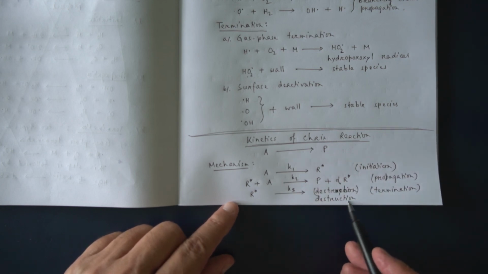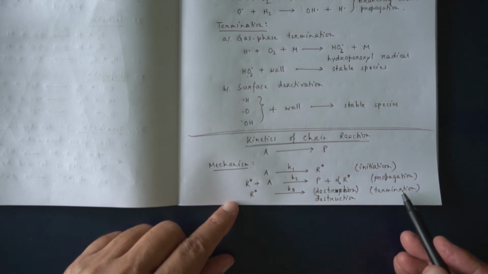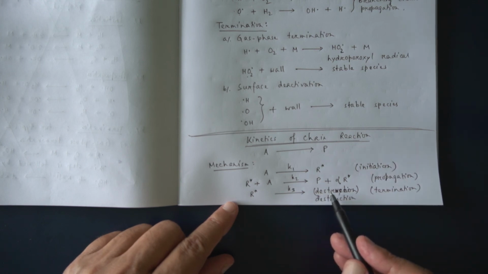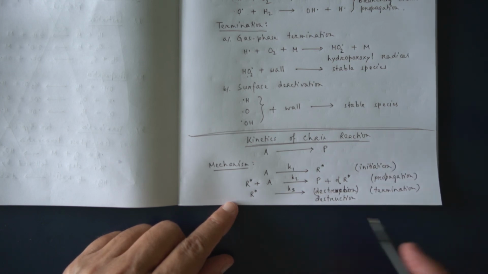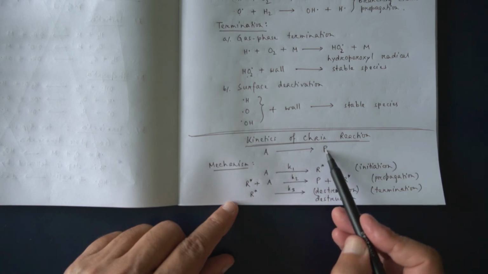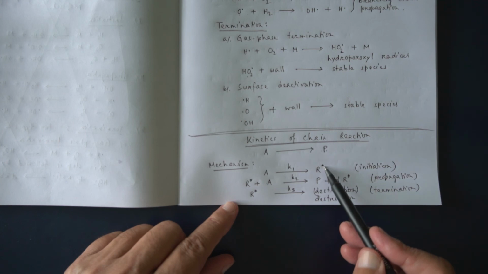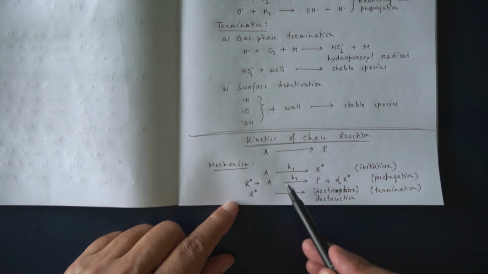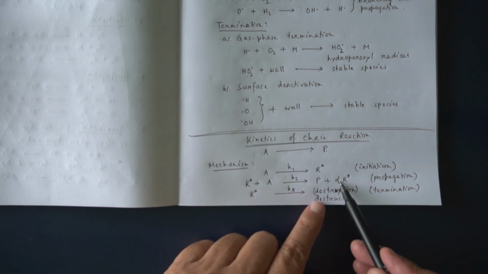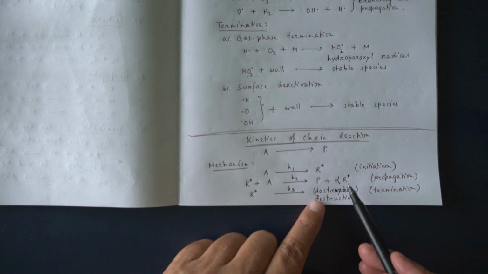Chain carrier is destroyed means the reaction stops, terminates. So once again, here A is the reactant, P is the product, R star is the chain carrier, and alpha is the number of chain carriers.